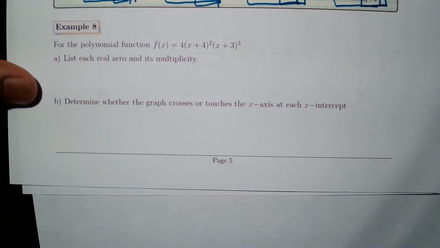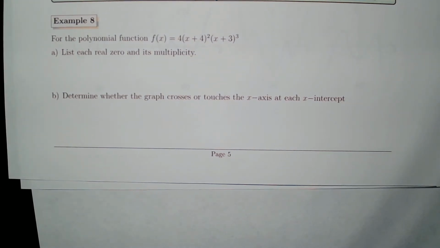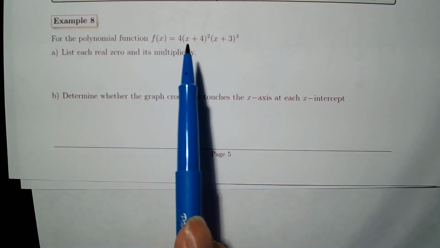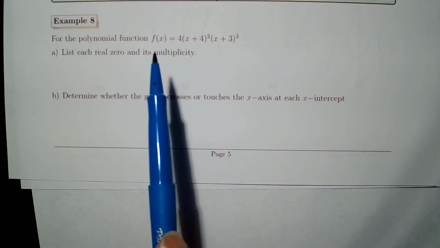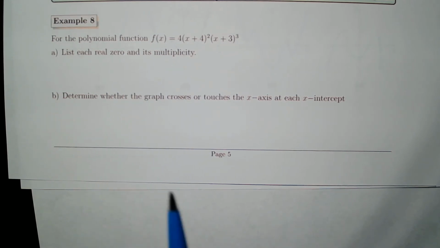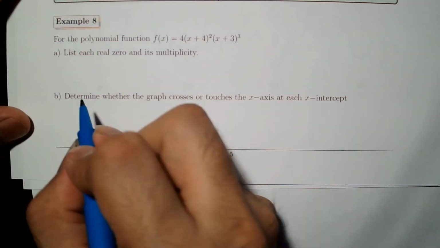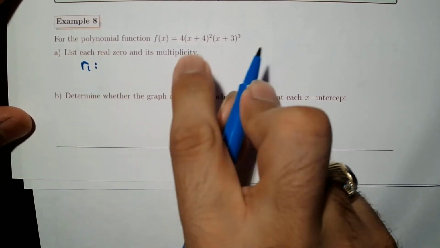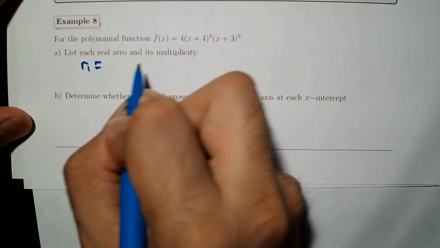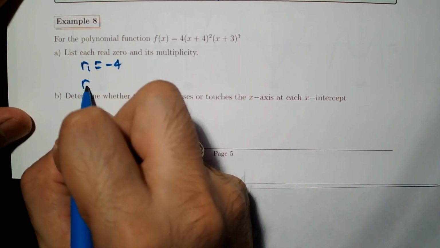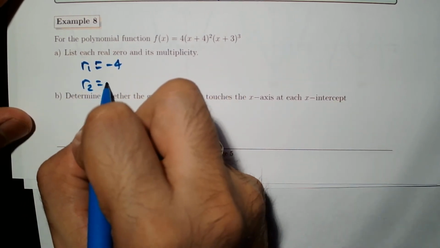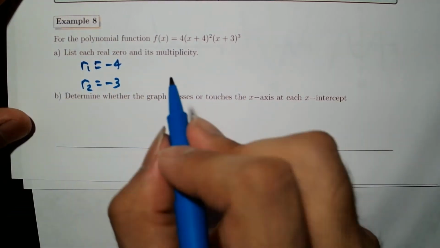So let's look at an example. We are given this polynomial function. Well, it's already in factored form. Number 1, list each real zero and its multiplicity. So in this case, r1 is -4 and r2 is -3. Those are the 2 real zeros.